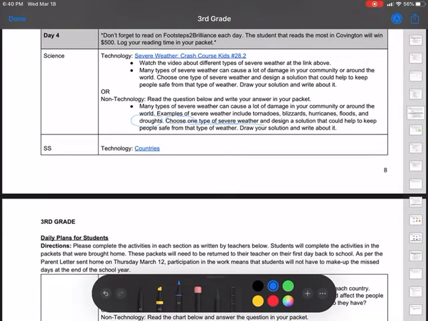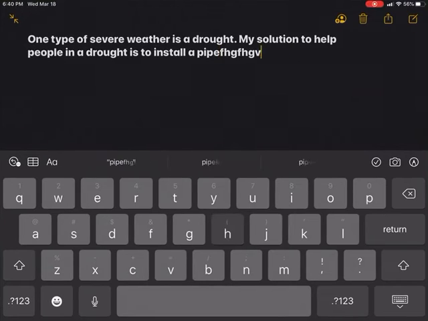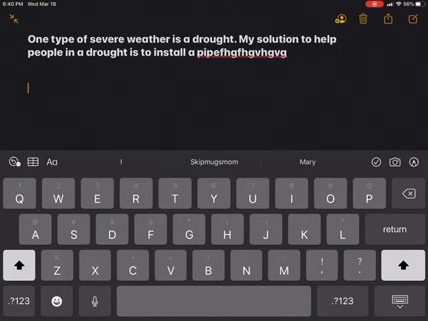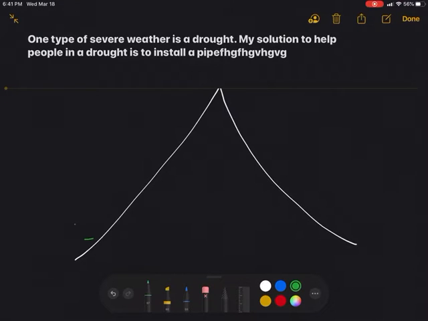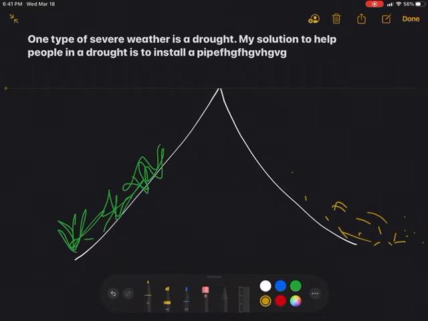So then after I write the whole thing, pretend I typed it all, I'm going to draw it out. So here's my mountain. Here's green to show that we're on the west side, and we're going to draw kind of deserty, maybe a cactus, show that that's the east side.